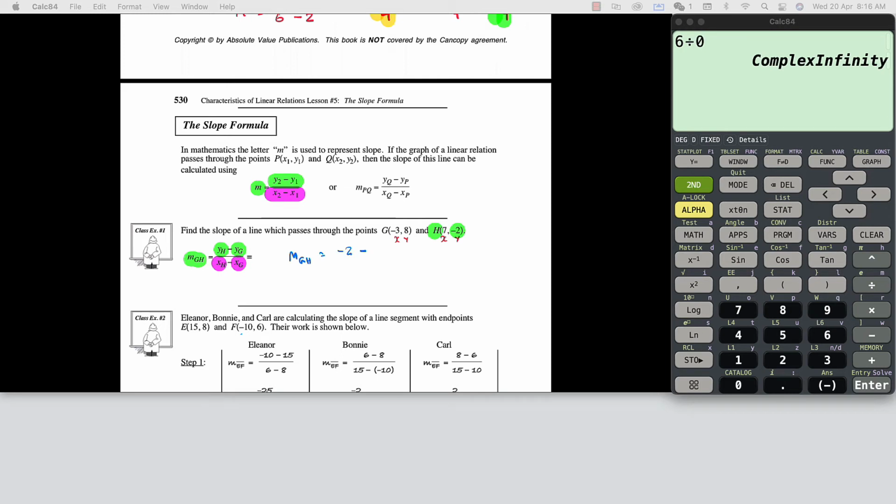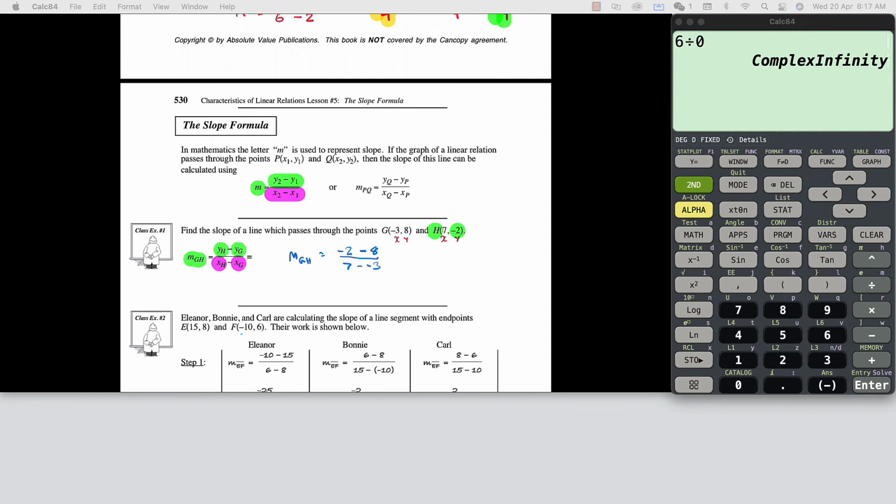minus the Y on G, which is 8, over the X2, or in this case XH, which is 7, minus the XG, which is a negative 3. So make sure you definitely get that extra negative in there.